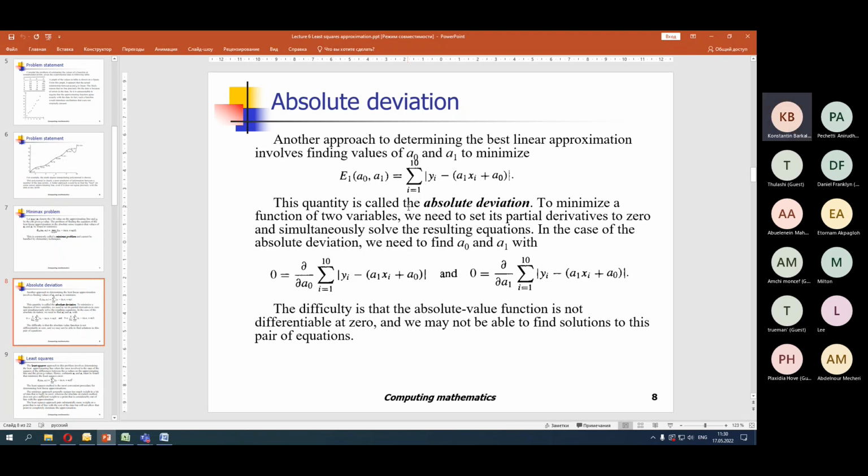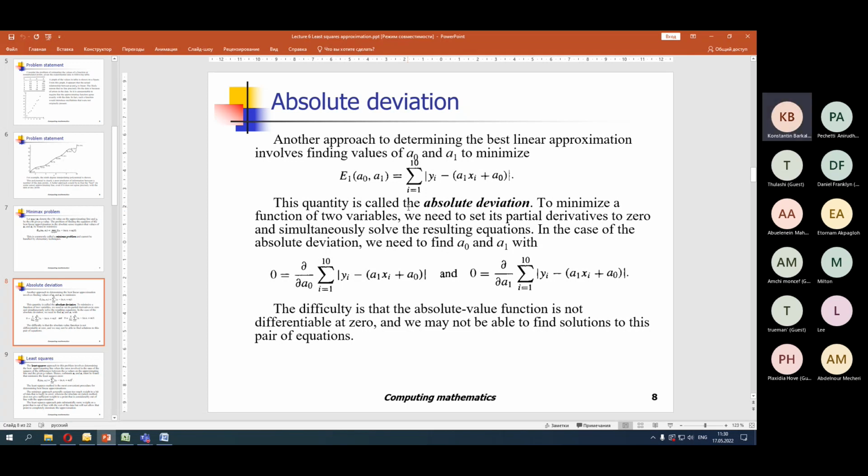From mathematical analysis, we know that to minimize a function of two variables, we need to set its partial derivatives to 0 and simultaneously solve the resulting equations. In the case of absolute deviation, we need to find a0 and a1.